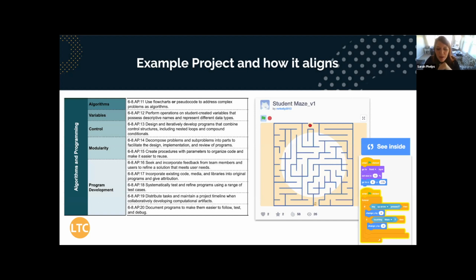We can take an existing maze and add our own flair to it, or kids can look at the code of a maze and try to make their own, or they can do some research and learn how to make their own. They're going to design a program that will, again, work with their Makey to move an object through this maze.